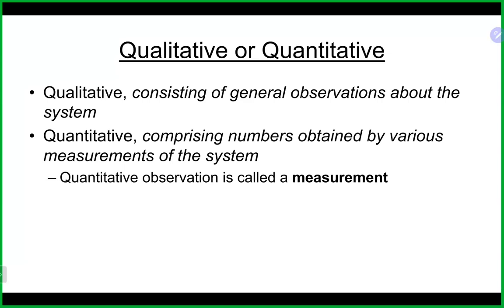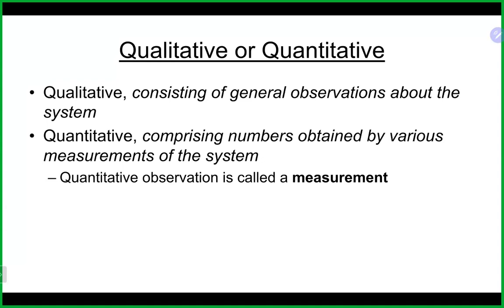That's different than quantitative. Quantitative is measurements. It comprises numbers and values that you get from some type of measurement. When you go to the balance and record 32.56 grams, that is a quantitative measurement of the mass.